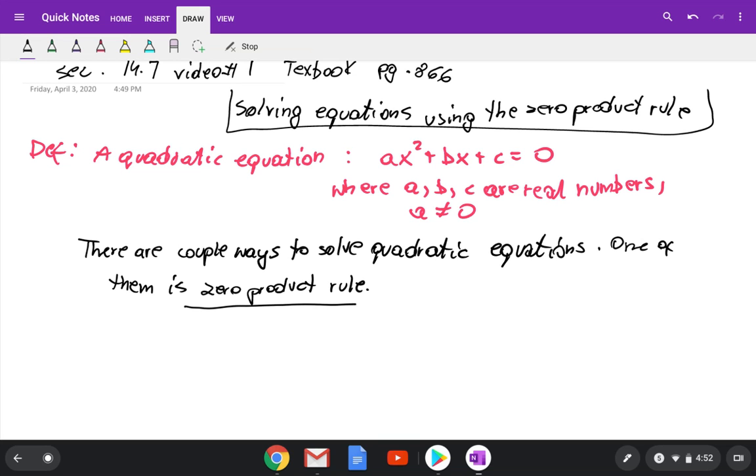So with the zero product rule, what we're trying to do with a quadratic equation is factor the equation and create the product of two factors. And then using the zero product rule, you're going to take each factor and make it equal 0. So we're going to solve two equations.